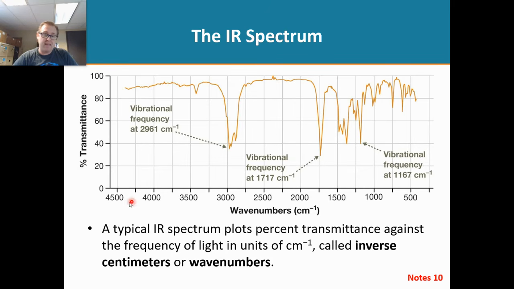Now, the x-axis is in terms of what we call wave numbers. And wave numbers are simply the inverse wavelength right there. So let's write that out. This little piece right here could also be viewed as 1 over cm, and the centimeters is the size of the wave in centimeters.